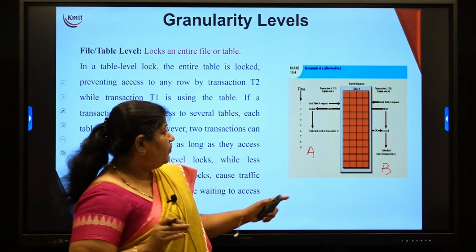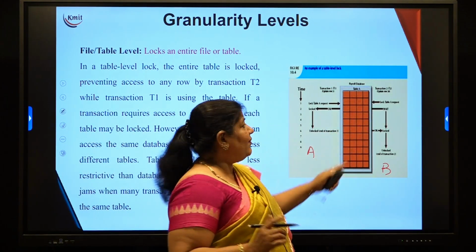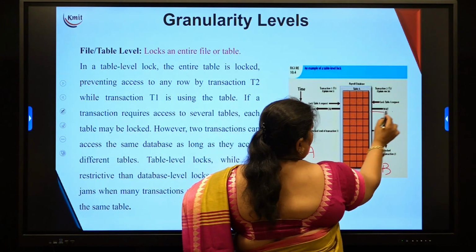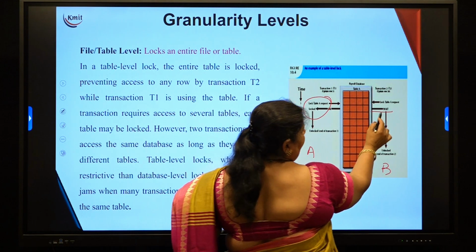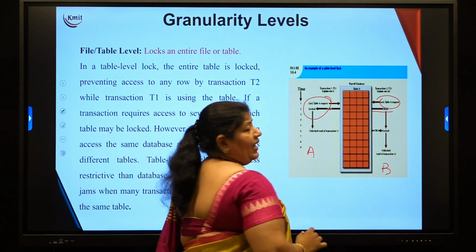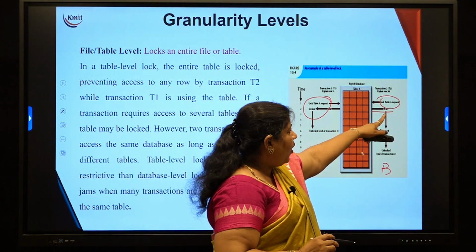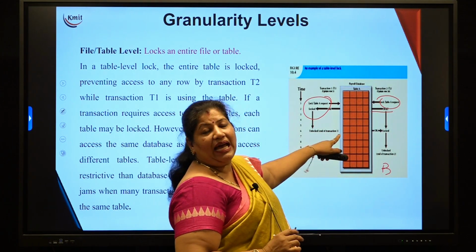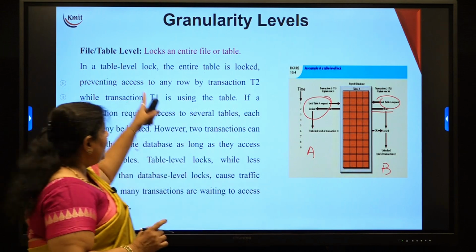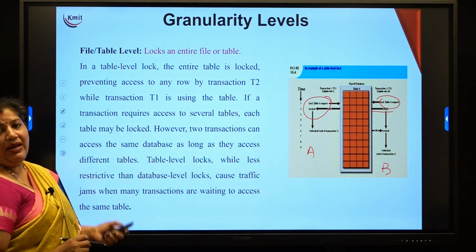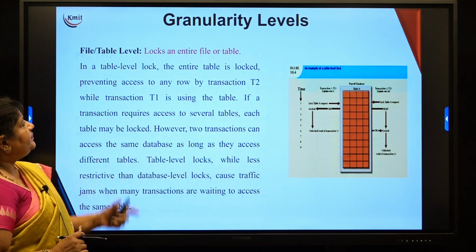Provided both of them are requesting the same table, they need to wait. See, T1 has been granted the lock on table A. Then on table A, if T2 requests a lock, it has to wait till T1 unlocks it. This is what is table level or file level granularity.